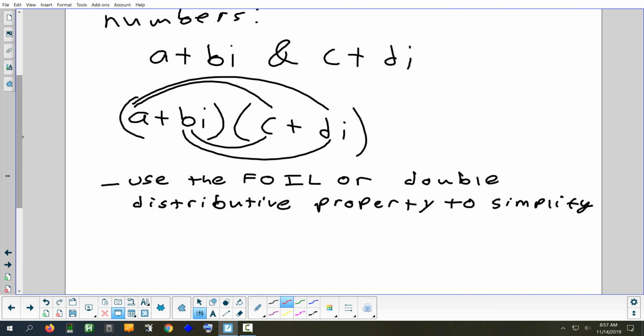Well, you'd have numbers for b and c, so it would be like 12i or something like that. Just keep the i and then multiply. So when you multiply a times c, you're going to get a real number. But a times di and c times bi, those will be imaginaries, like 12i and 6i, something like that.